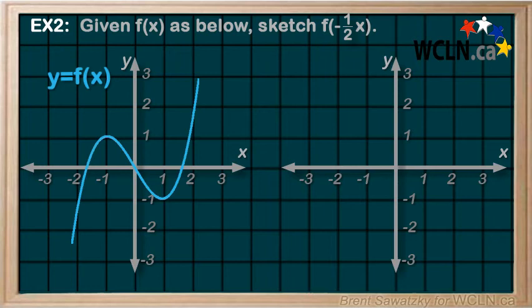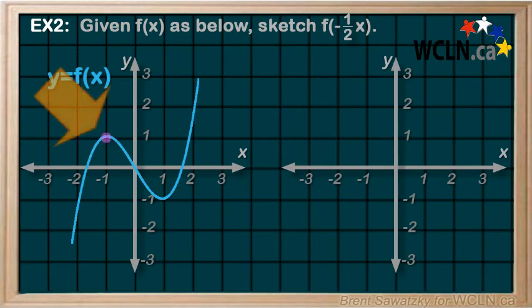And we'll carry on. We note that along with the negative, we also have a 1/2 in with the x, indicating a horizontal expansion by 2. And we can combine our horizontal expansion and reflection by saying that we have a horizontal expansion by a factor of -2. So let's pick some points from our original graph to work with.